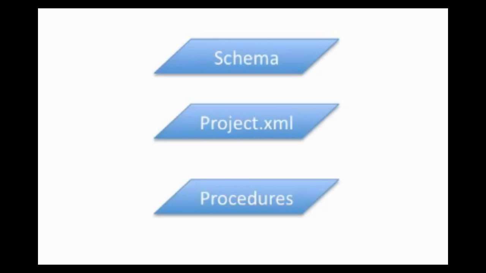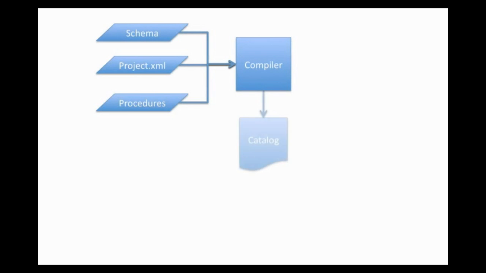So I will start by creating a schema and a project file and possibly procedures later for this demo. And once we have these three files, we can feed them into a catalog compiler and generate a catalog file. After that, we can feed the catalog to a VoltDB server.